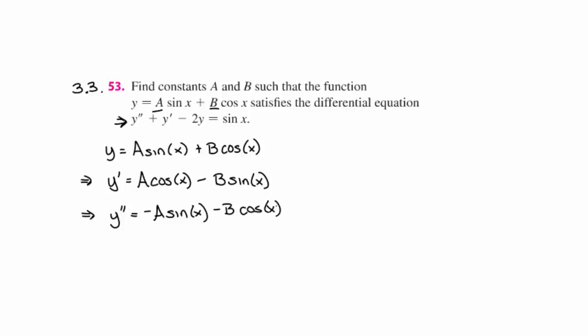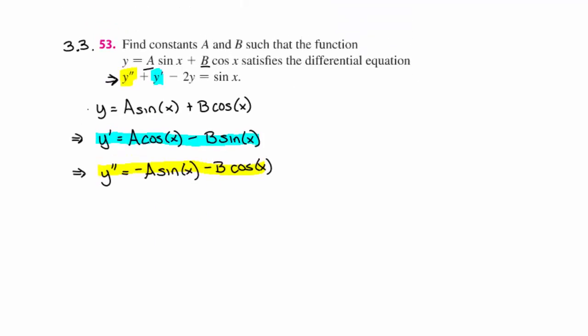Now what we're going to do is take y double prime, which I'll highlight here, and take y prime, which I'll highlight in blue, and we're going to subtract 2 of those y's here. This time I'm not going to highlight it. I'm going to say negative 2y, because I didn't want it to look like I'm subtracting 2y.